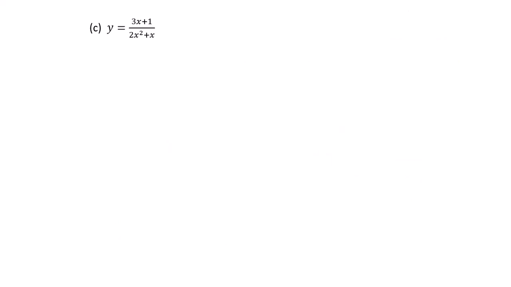With this rational function, I can work the same type of way, but I know that an alternative way to write that function is going to be 0 plus 3x plus y over 2x squared plus x, because this numerator is too small to be divided by 2x squared plus x. So it goes in 0 times, and that's our remainder.